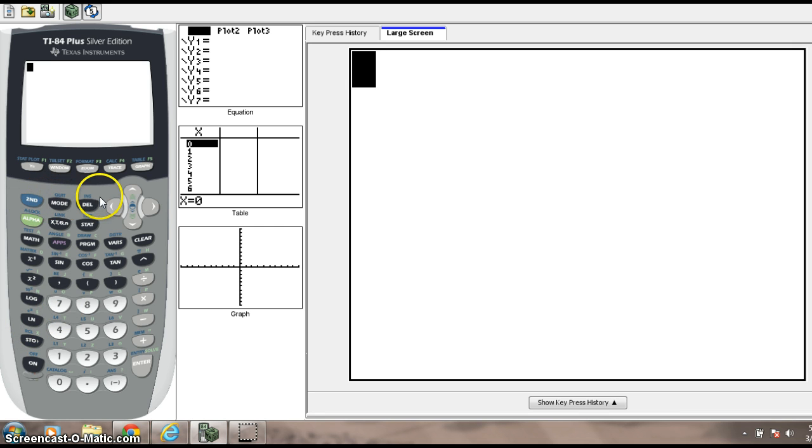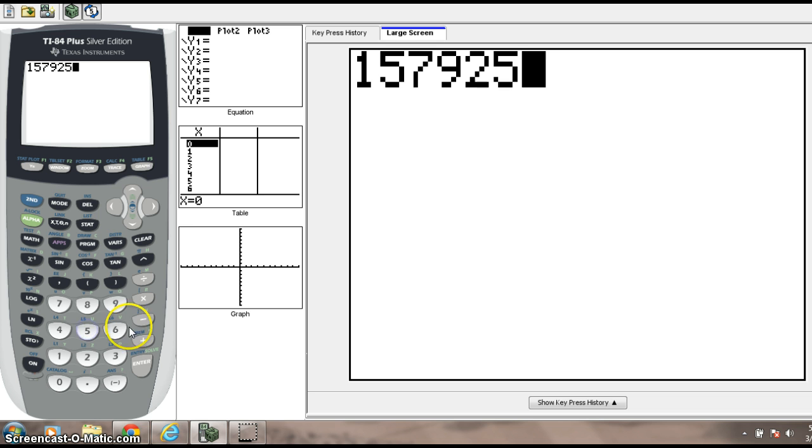Okay, let's talk about this INS button. DEL stands for delete, and INS stands for insert. This is a really nice button to use if you enter large numbers and you might have mistakenly left out a number. So I'm going to just do a subtraction problem here and push enter.